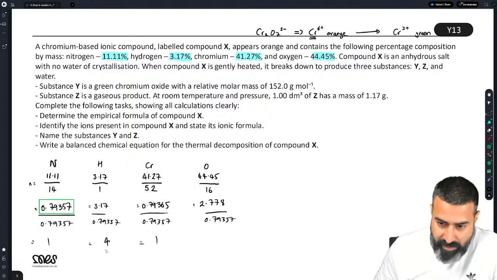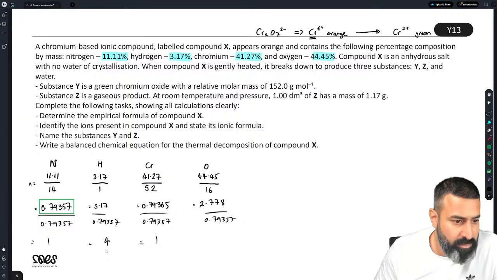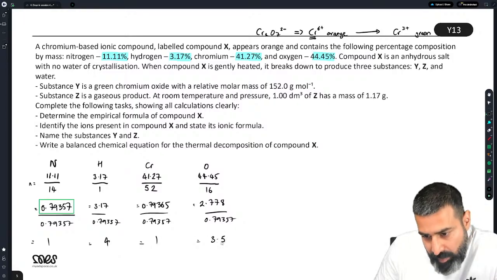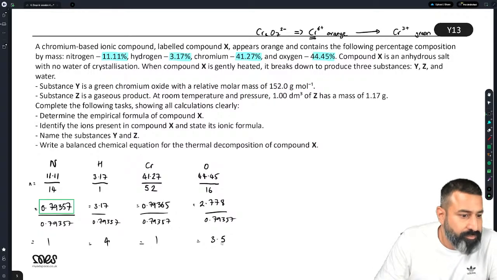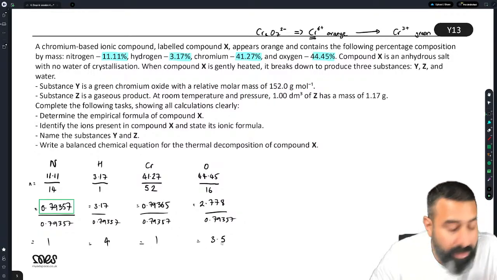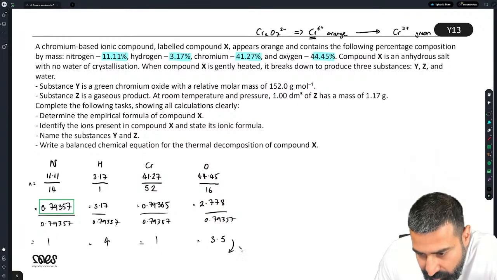2.778 divided by 0.79357. Okay, looks like 3.5 to me. So then what do we do here? Yep, absolutely. Then we times by 2 for all of them.